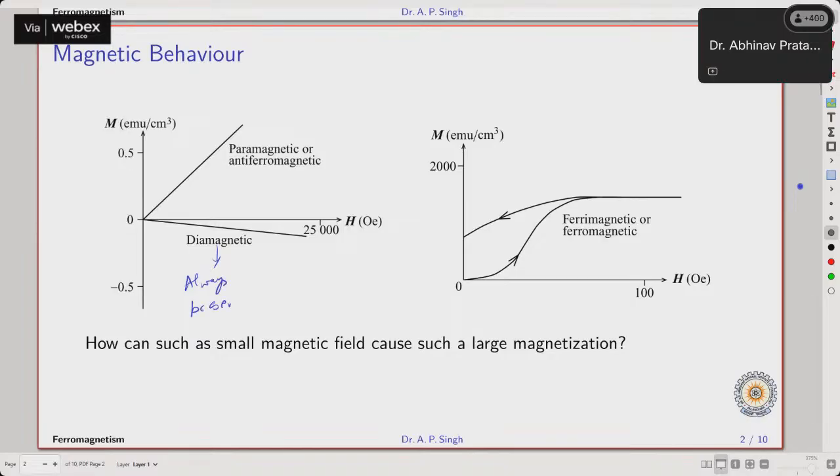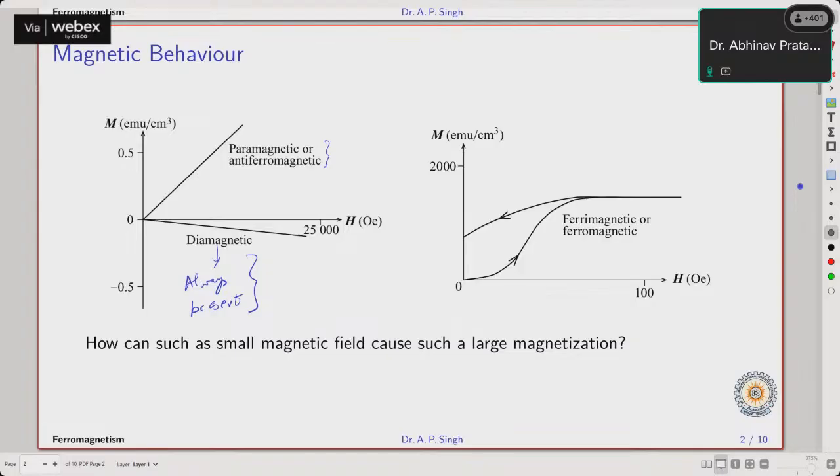Okay, but if none of the other things are present, for example, neither paramagnetism, nor antiferromagnetism, nor ferromagnetism, ferrimagnetism are present, only then you can observe the diamagnetism. If paramagnetism is there, then diamagnetism will also be there, but you will not be able to observe it. Why?